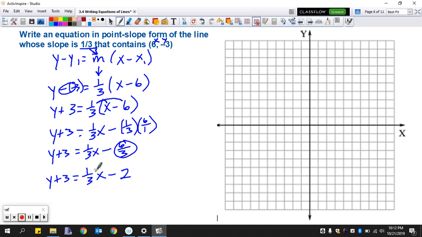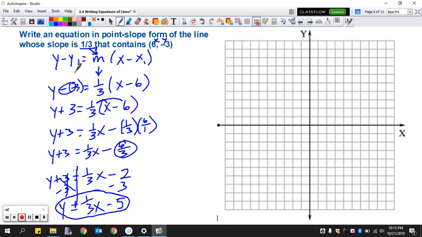And then when we solve for y, we subtract 3, subtract 3, the 3's cancel out, and we're left with y is equal to 1/3 x minus 5. Once again, this is slope-intercept form.